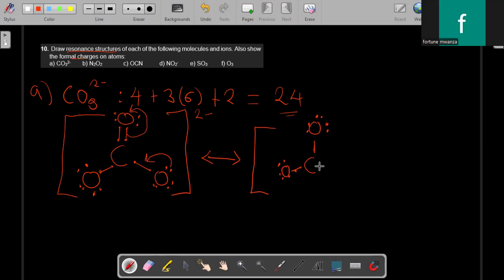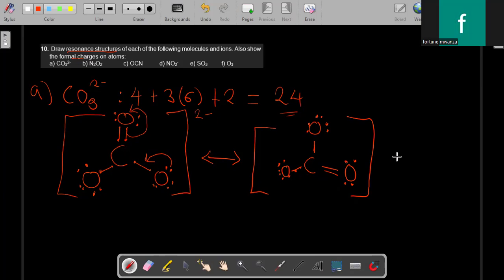Then this one, since it has dropped electrons there, so this is a lone pair. So meaning you are going to have a double bond here. So you have this oxygen. Now this oxygen will have 2 lone pairs. Remember, it has dropped 2 of its electrons. So this is another resonance structure you can get from this.